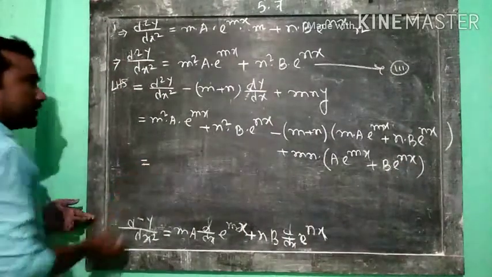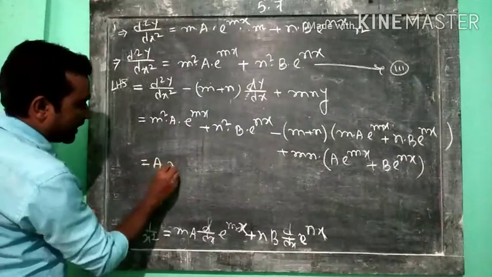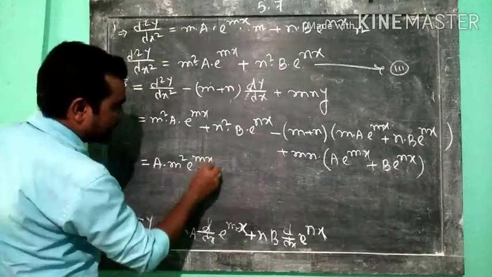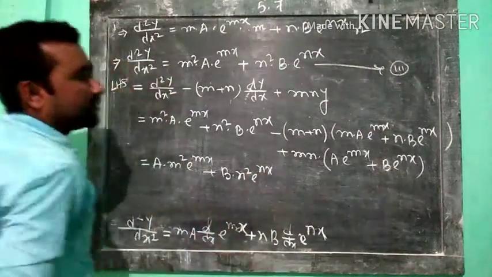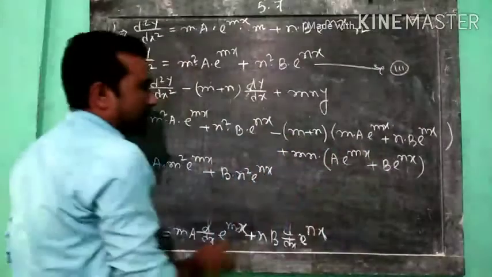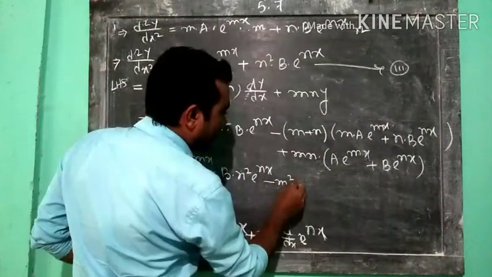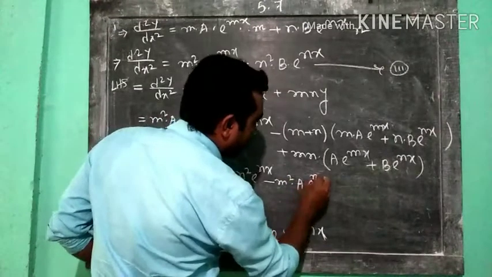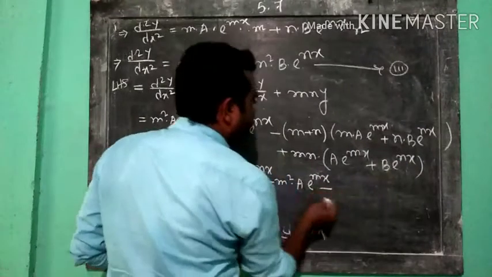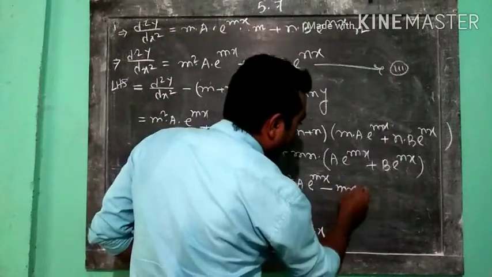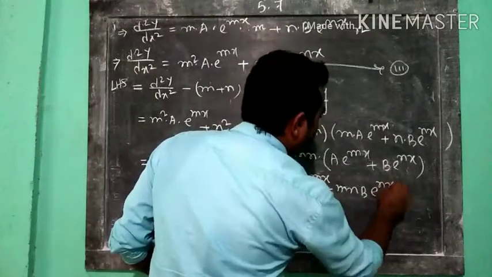Now we are calculating this. This is equal to a m square e to the power mx plus b n square e to the power nx. If we multiply this with this, then what we get? This is minus m into m square into a e to the power mx. Again multiplying this with this, we have minus m into n, mn into b e to the power nx.